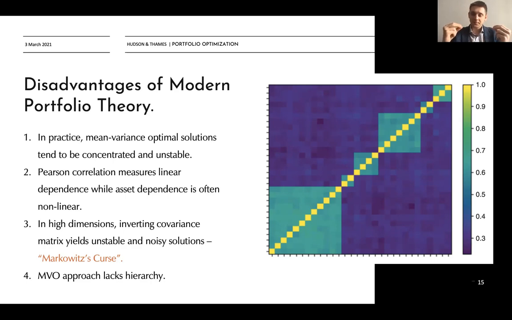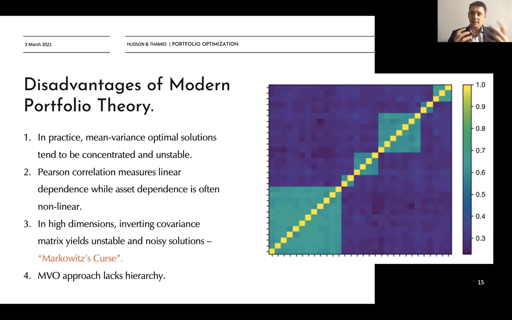So you use only 100 points to estimate the covariance between 500 assets. That's actually the typical situation which every portfolio manager faces, and that is why covariance matrices usually become quite noisy and unstable.